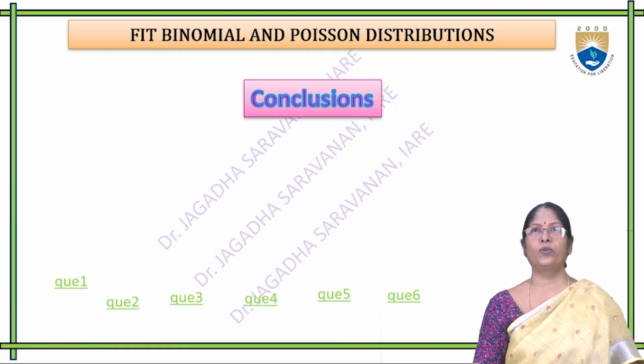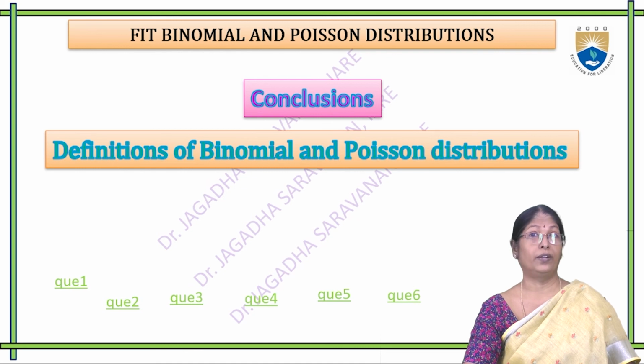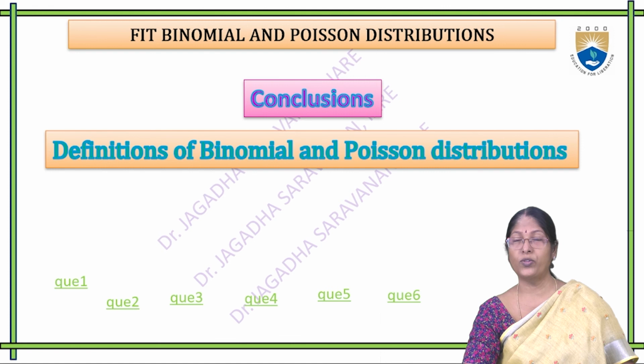Yeah, we will come to a conclusion of this topic, fit of binomial and Poisson distributions. What is the definition of binomial and Poisson distribution we discussed? Binomial, the problem based on yes or no, success or failure, true or false, nCx p power x q power n minus x, where x is taking the value from 0 to n, whereas in Poisson, x is taking the value 0 to infinity or for large values.